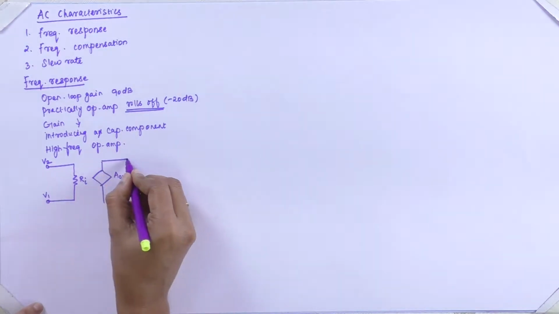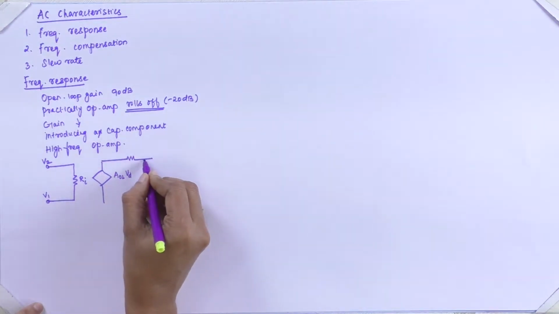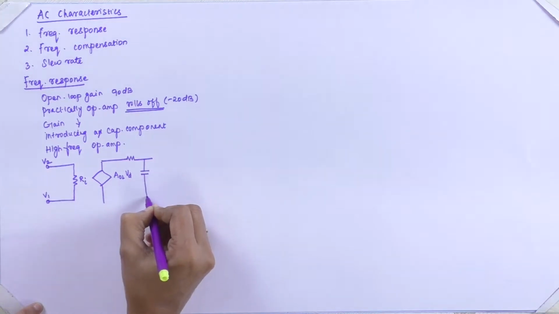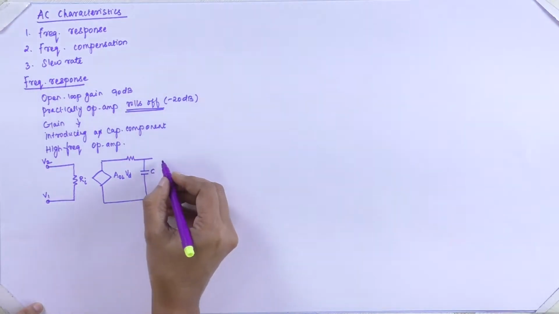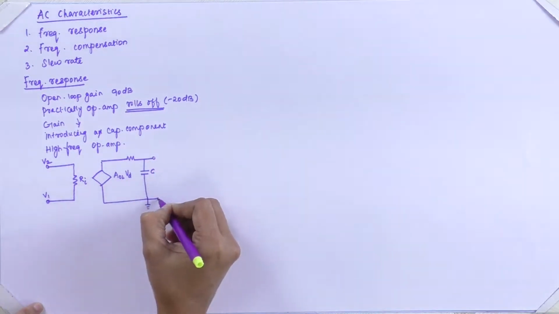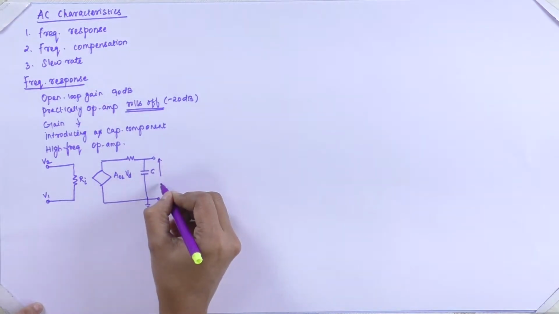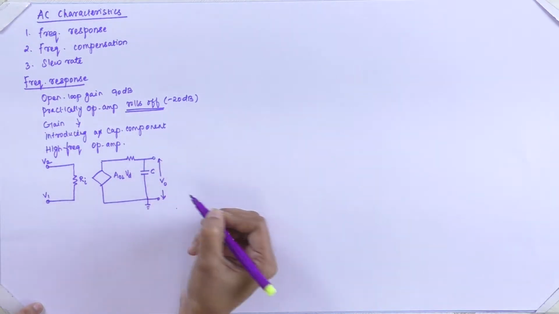We add a resistive component and a capacitive component, an RC component, with the capacitor grounded, and the voltage taken across the capacitor is the output voltage V0.